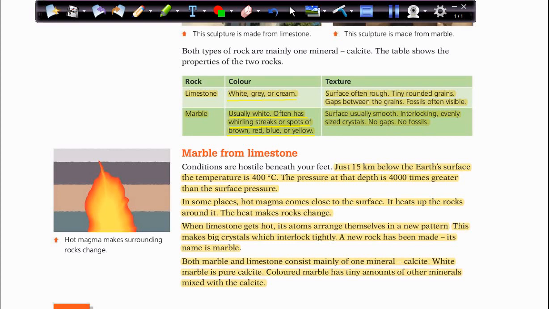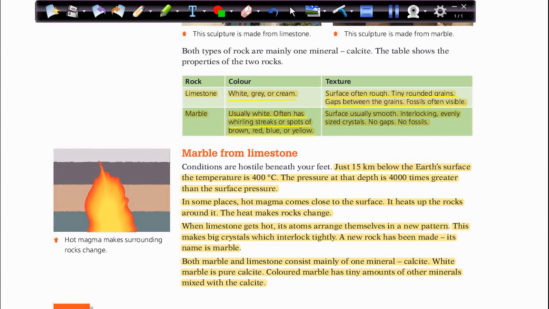What about the texture, like the feeling? How does it feel? The texture for the limestone, surface often rough, tiny rounded grains. Gaps between the grains, fossils often visible. So we can see fossils, we can see rounded grains, we can see gaps between grains.